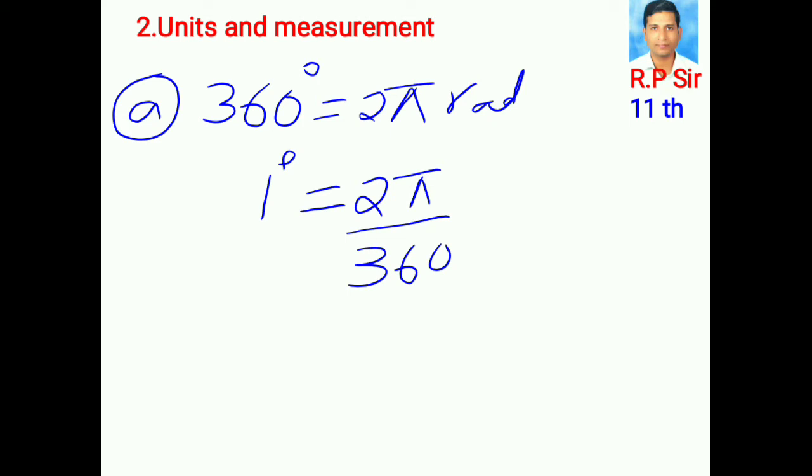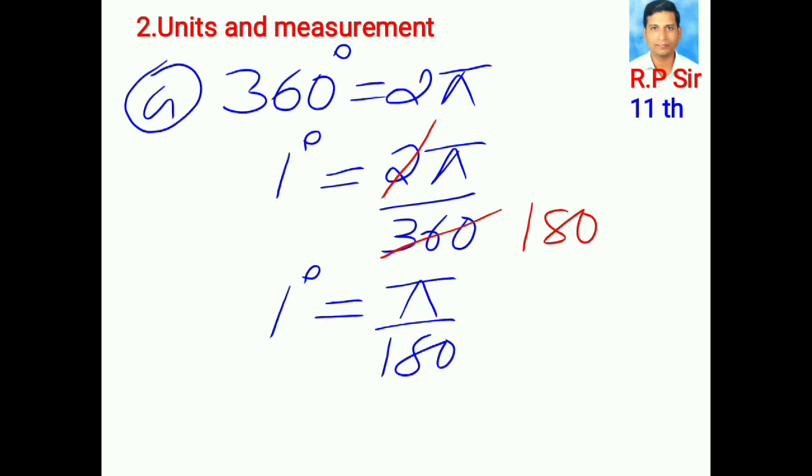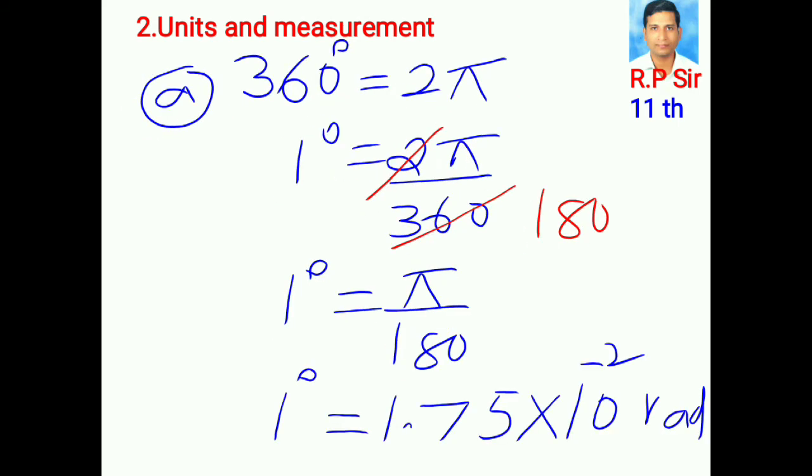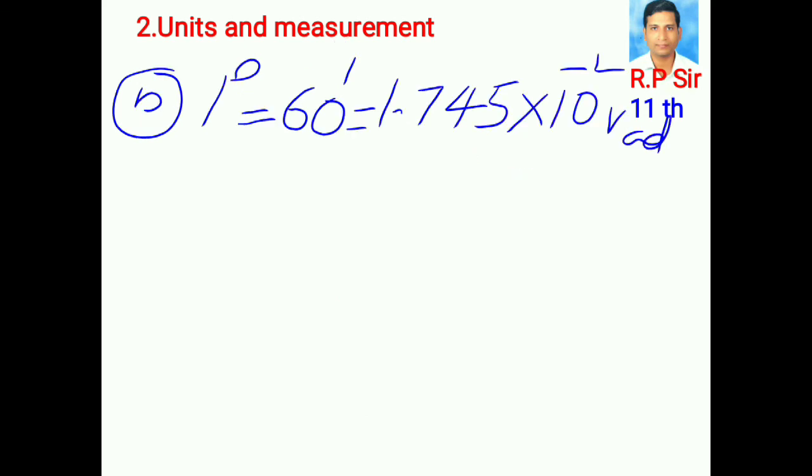2 ones are 2, 2 180s are 360. Therefore, 1 degree equals pi by 180. Finally, 1 degree equals 1.745 into 10 power minus 2 radians. Let us find the 1 minute value in terms of radians.